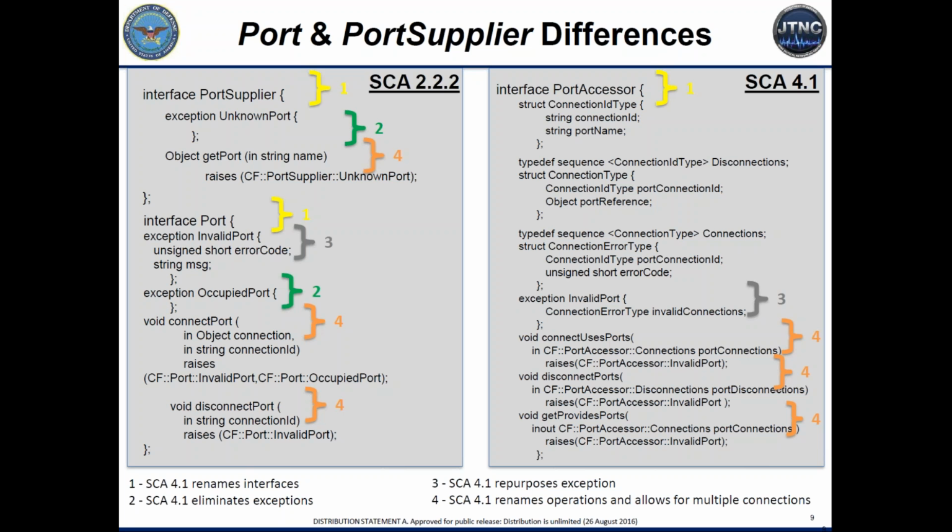The other thing that collapsing port and port supplier into port accessor does for 4.1 is that the port concept is now something that is integrated within the core of the component. If you think back or go back to that 222 diagram of the resource interface, you'll note that port was not one of the interfaces that is inherited from a resource.